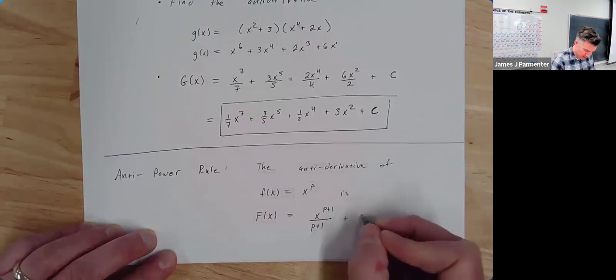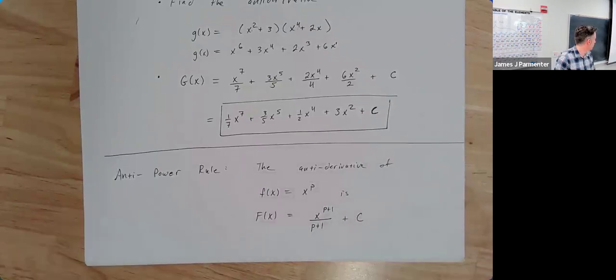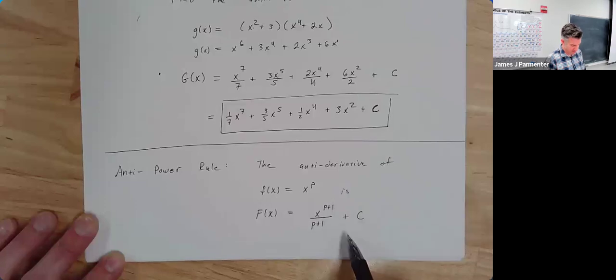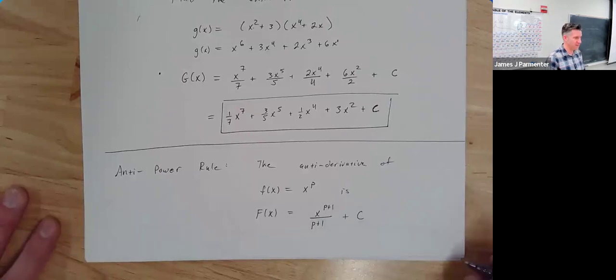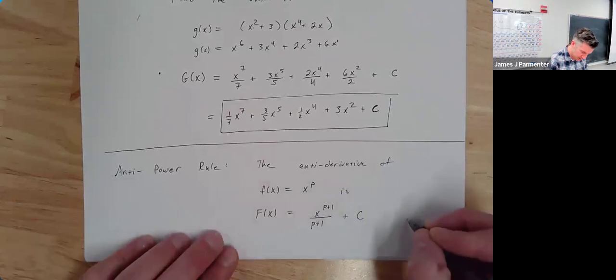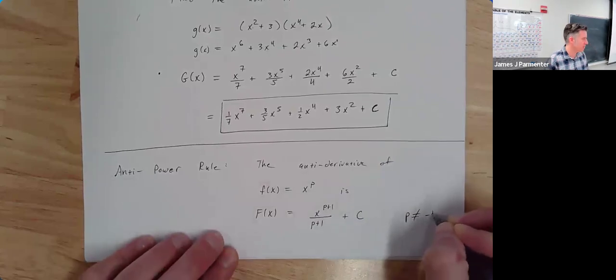And then we slap on a constant. And this always works, except for one possible power, which is problematic. What value of p looks like it might be an issue if we end up dividing by p plus 1? Yeah, we can't have p be -1 because if it was, we'd be dividing by 0. So this anti-power rule works as long as p is not equal to -1.